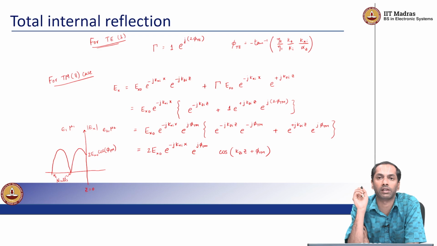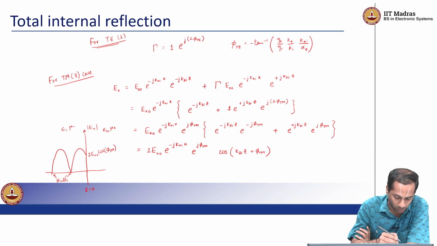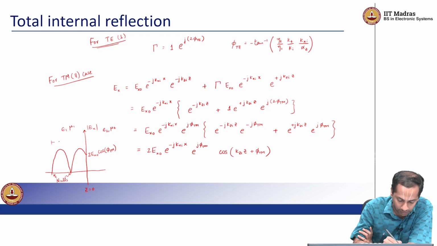So phi tm only depends on the material parameters and the incident angle, okay? So once the incident angle and the material is given to you and the definition of the boundary, then we can expect to see periodic positions of nulls, right? So you can say that the distance between the nulls is pi by kzi.